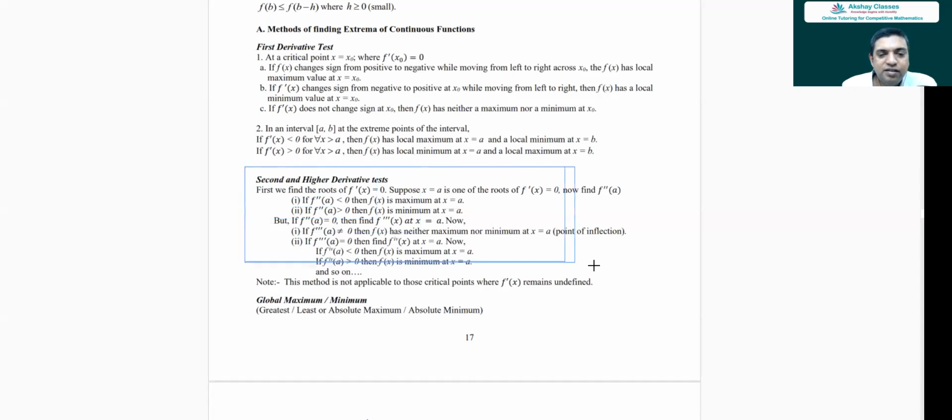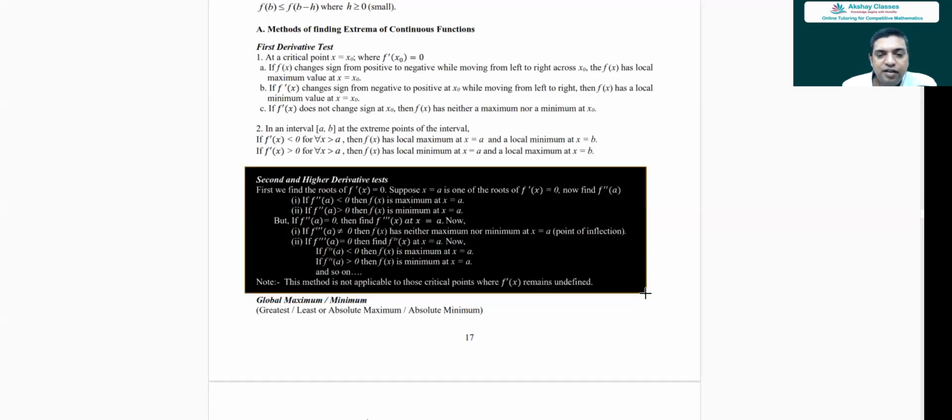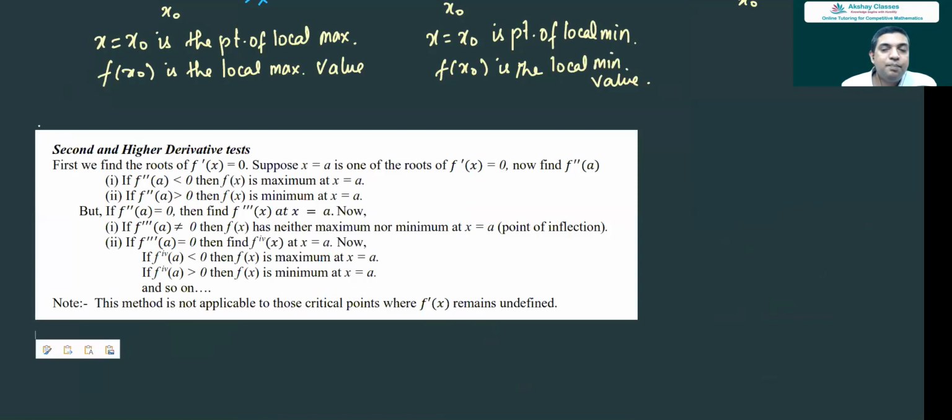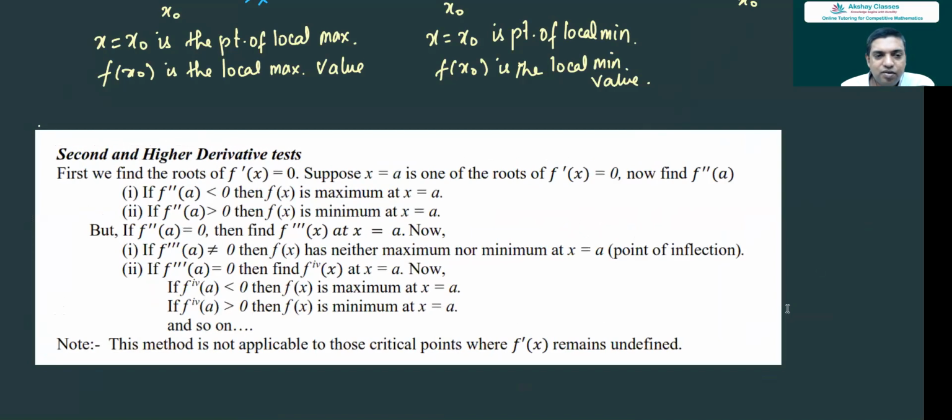Now at a point, how do you find the maxima and minima based on the second derivative test or higher derivative test? First find the roots of f dash x equal to 0.